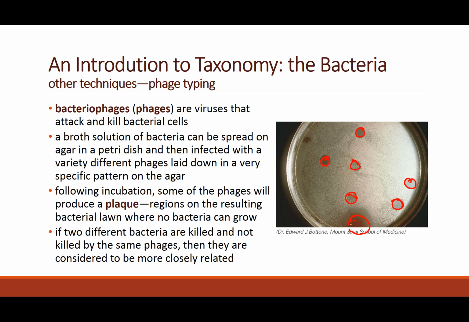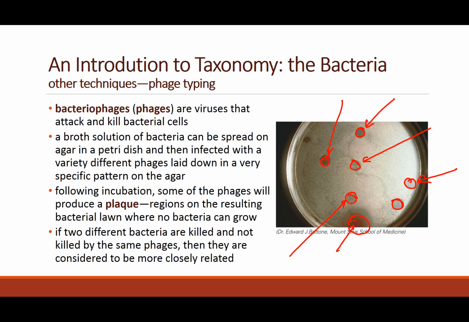So these are all different bacteriophages that were put down with a little dropper. And so generally you have a tool that will do this for you, and you can load bacteriophages into little reservoirs and then kind of print the bacteriophages onto the petri dish.